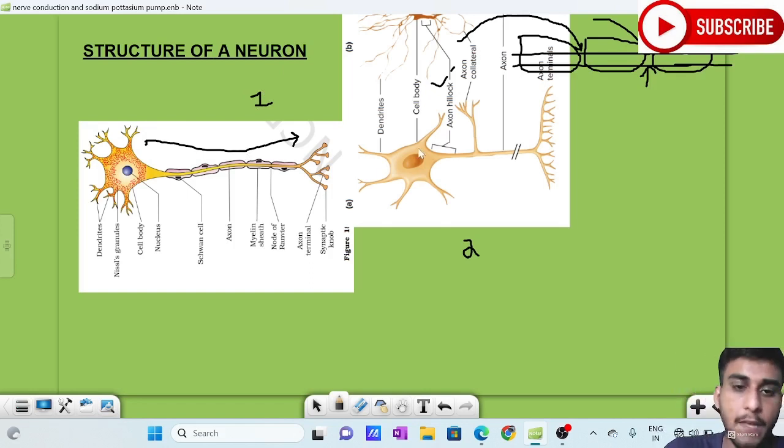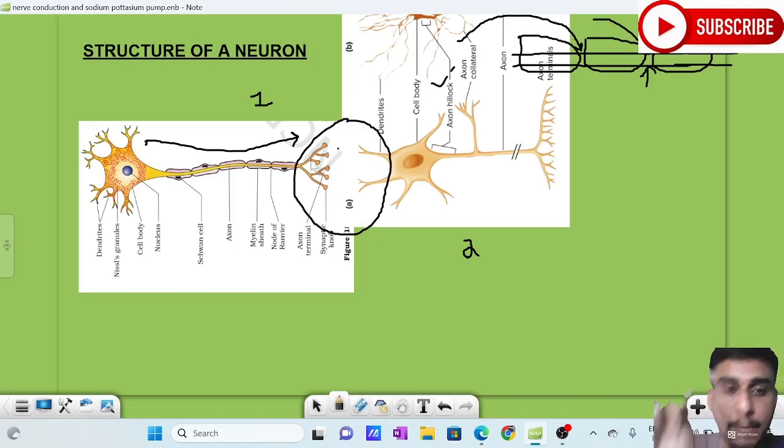But the electrical signal gets stopped before the synaptic node. After that, the electrical signals get converted into chemical signals, and the chemical signals are sent into the junction. There is a junction between this dendrite and this axon, which is known as the synapse, or more precisely the synaptic cleft.